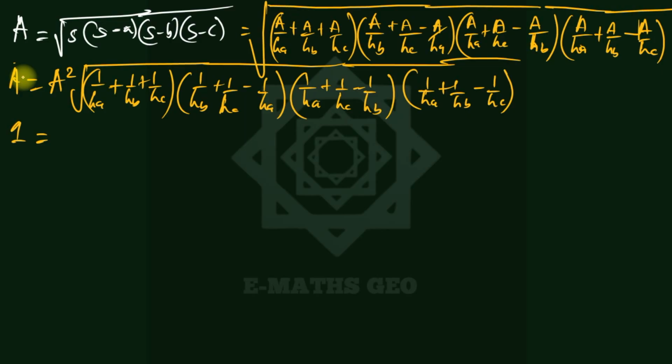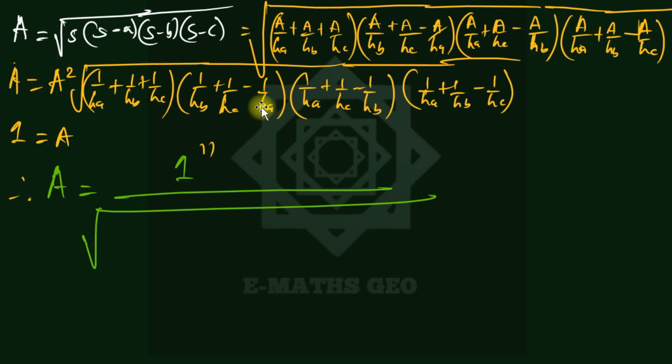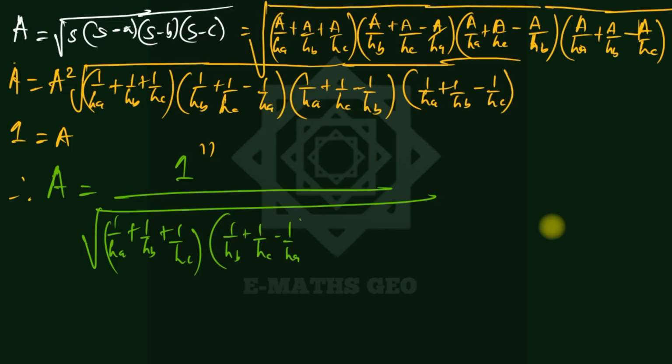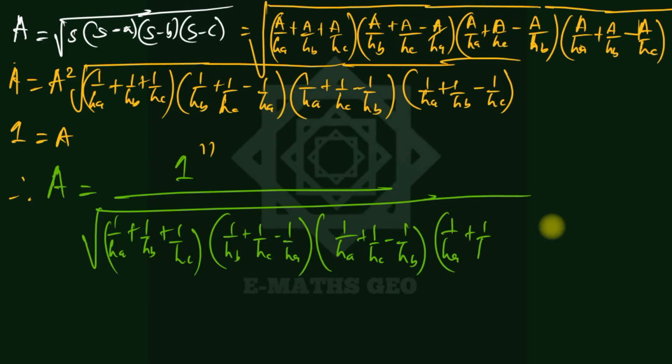If we cancel out, A is common in both sides. Therefore, making A the subject of the formula, the area is 1 over the square root of (1/HA + 1/HB + 1/HC) times (1/HB + 1/HC - 1/HA) times (1/HA + 1/HC - 1/HB) times (1/HA + 1/HB - 1/HC), which is now the formula.